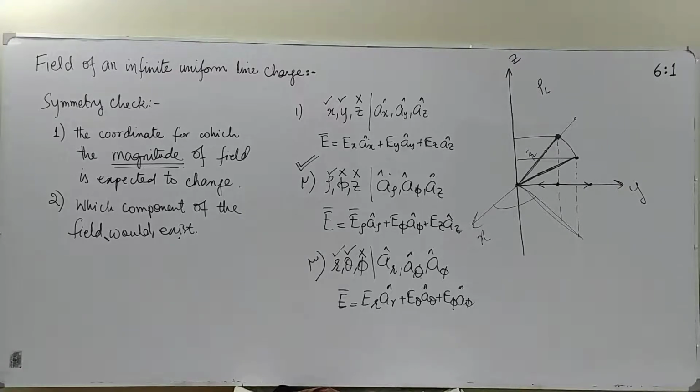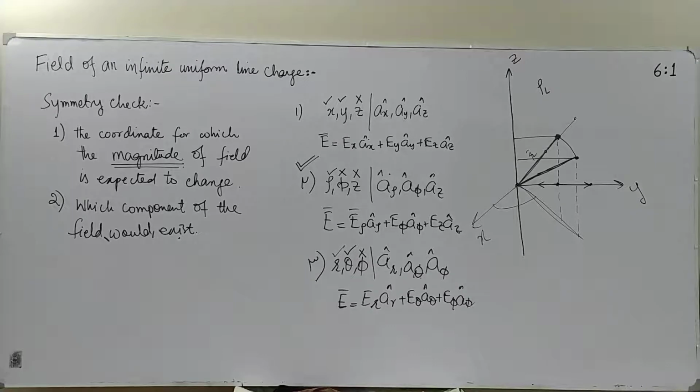Had we used some inappropriate coordinate system, we would definitely get the expression for electric field, but that field would not be intuitive, meaning that seeing the expression of that field would not give us any idea of the field itself.